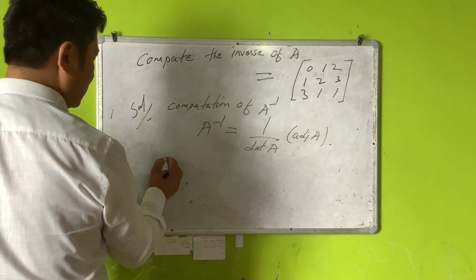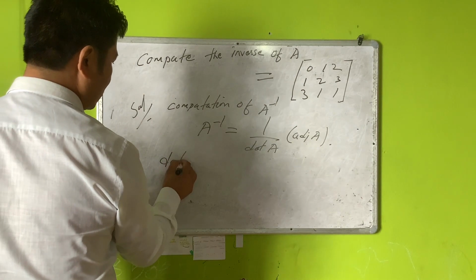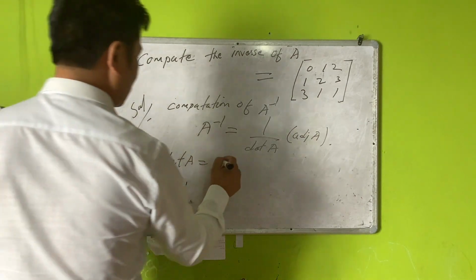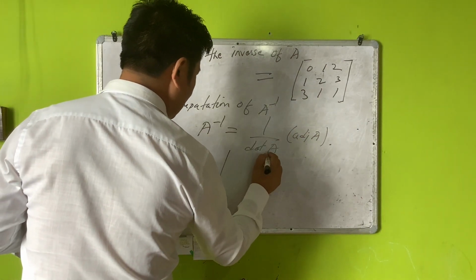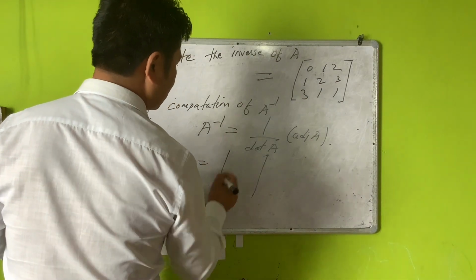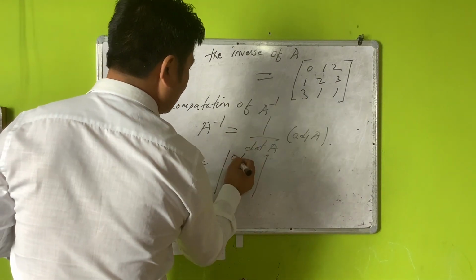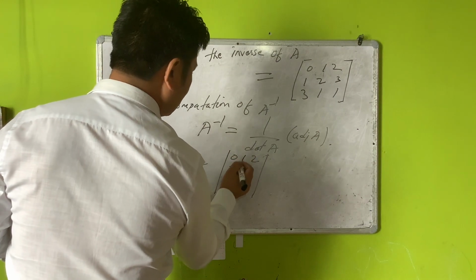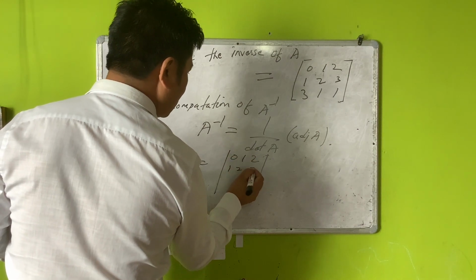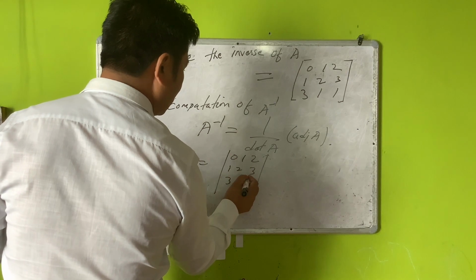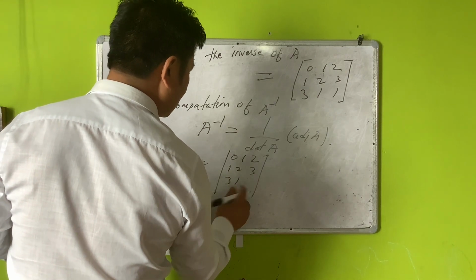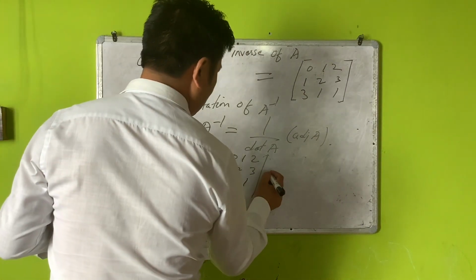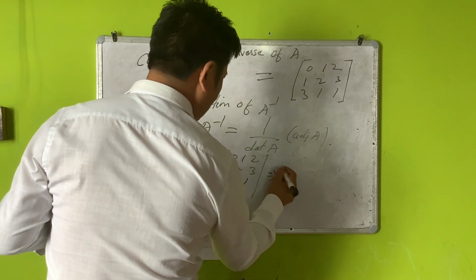Delta A. Determinant A is equal to, simply you have to write this in this particular symbol, 0, 1, 2, 1, 2, 3, 3, 1, 1. Now you can solve it and find the value of the determinant.